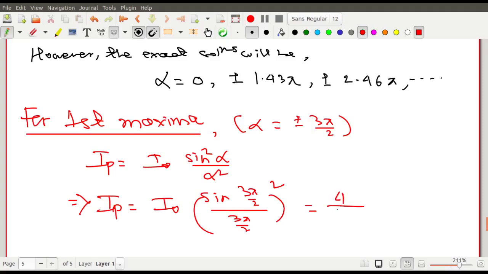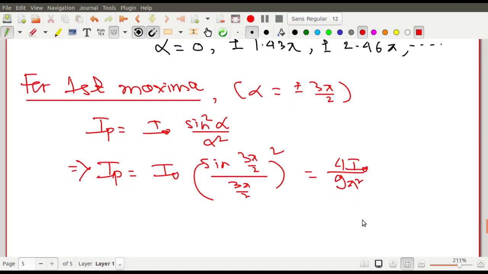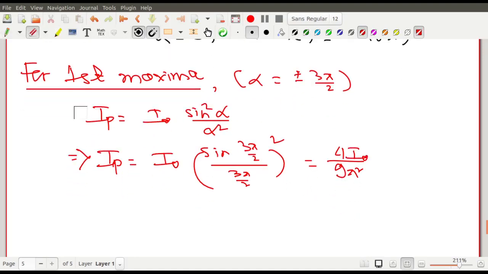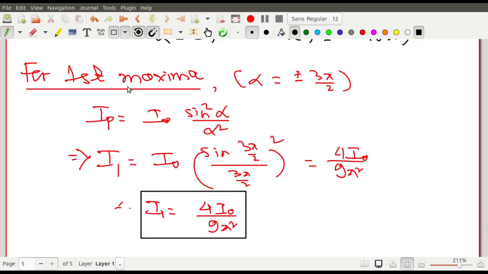So it is 4I0 by 9 pi square. This is the first one, which I call I1. So therefore I find that I1 is equal to 4I0 by 9 pi square.